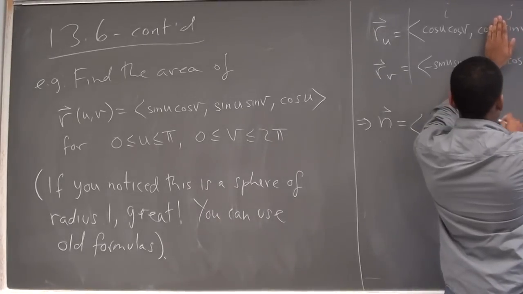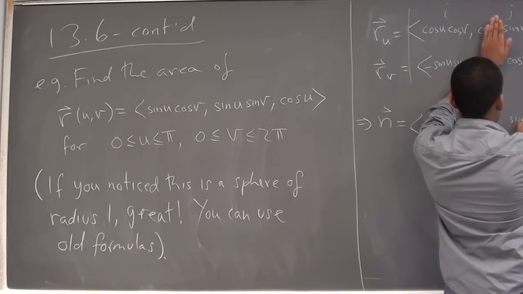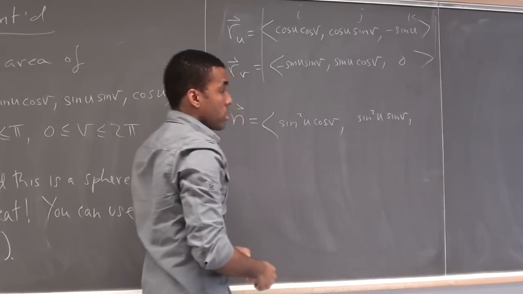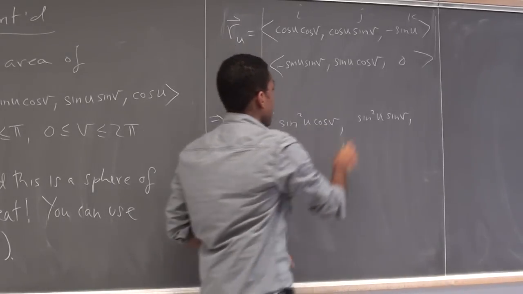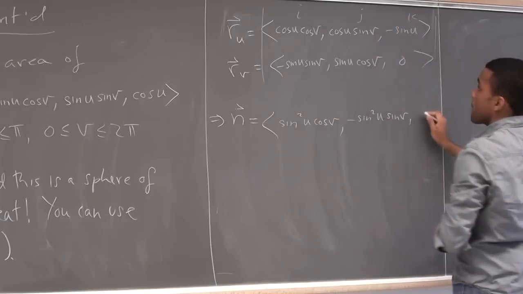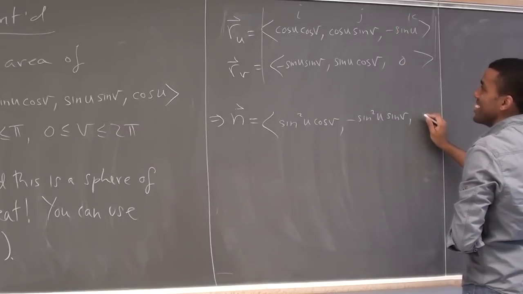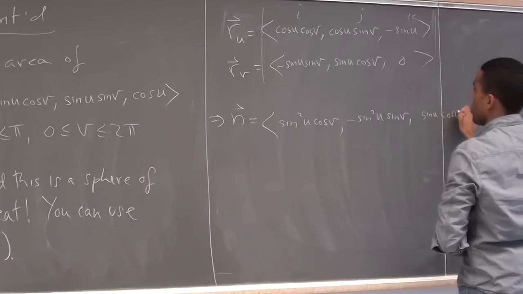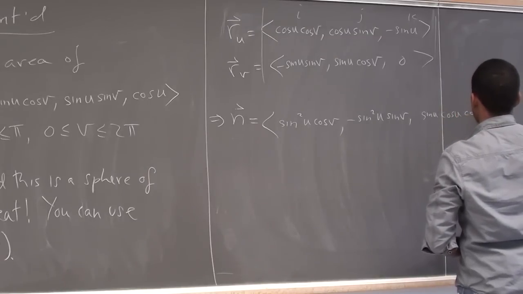So it's 0 minus this, and so it's sine squared u sine v. Right? It's negative. And then if you block this out, what do you get? You get sine u cosine squared v, right?